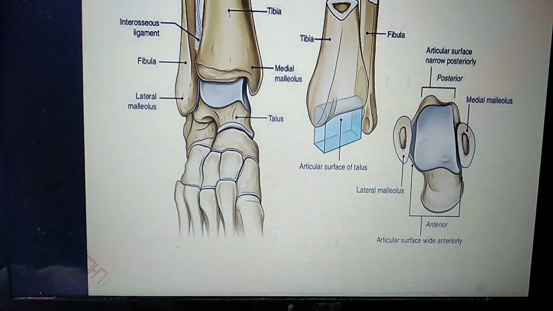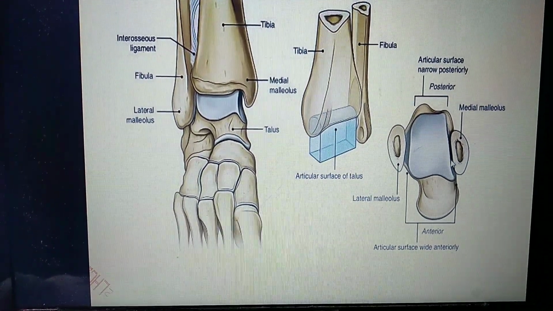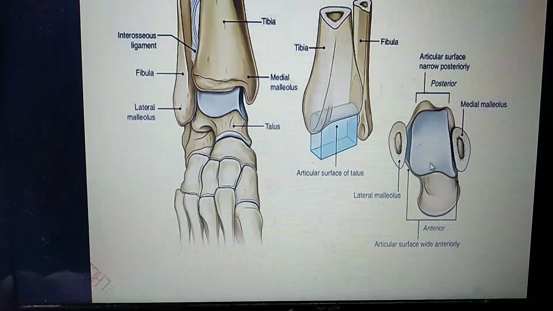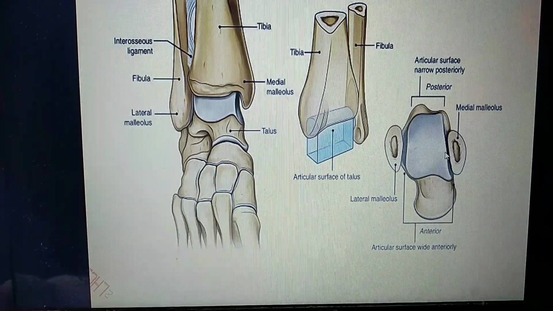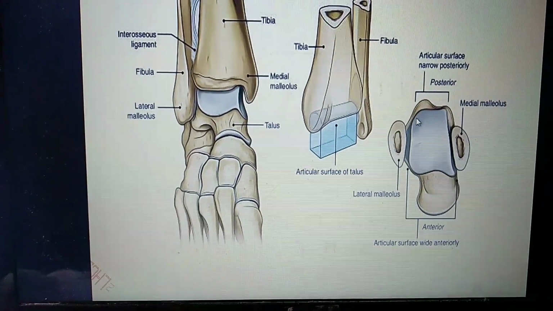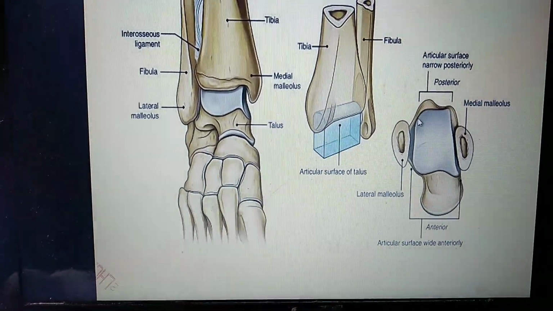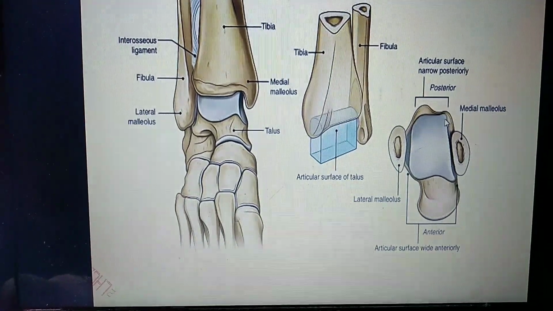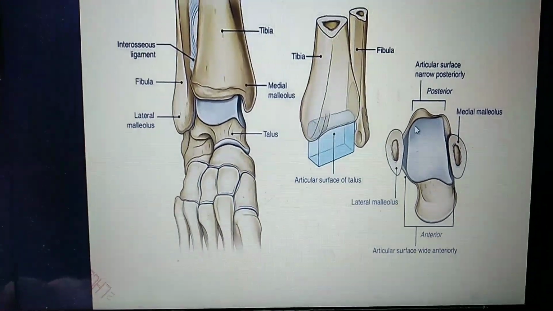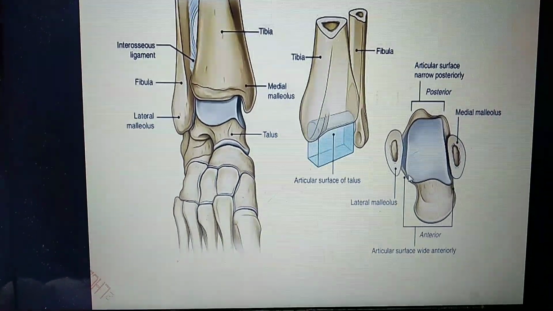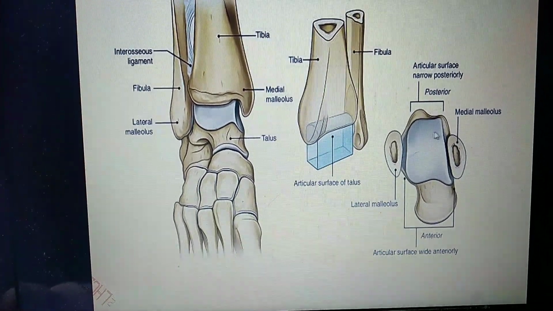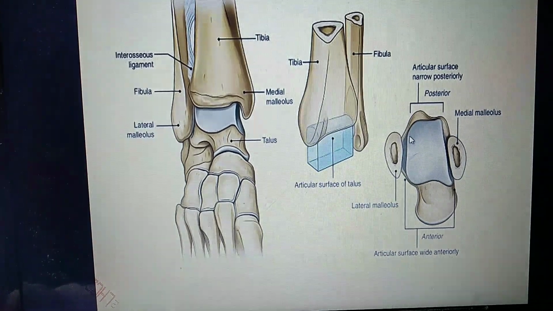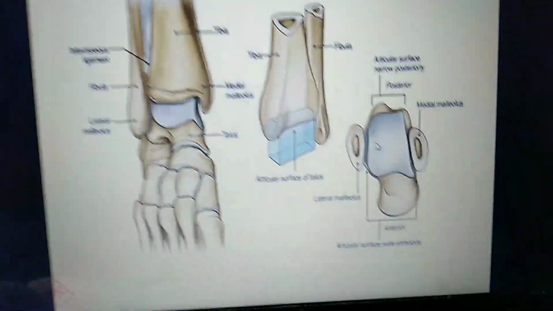Now when you see this, you must understand that the anterior surface of the talus is much wider than the posterior surface of the talus. This has a bearing in our future lectures, so we will just remember that the width of the anterior surface of the talus is much more than the posterior surface.